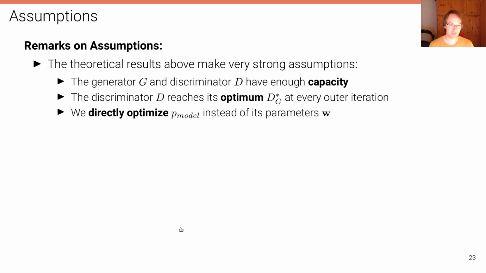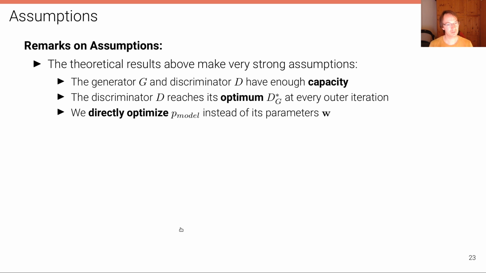The second strong assumption that these theoretical results make is that the discriminator D reaches its optimum D star at every outer iteration, at every iteration where we are updating the generator. And this is, of course, something that we can't do in practice.